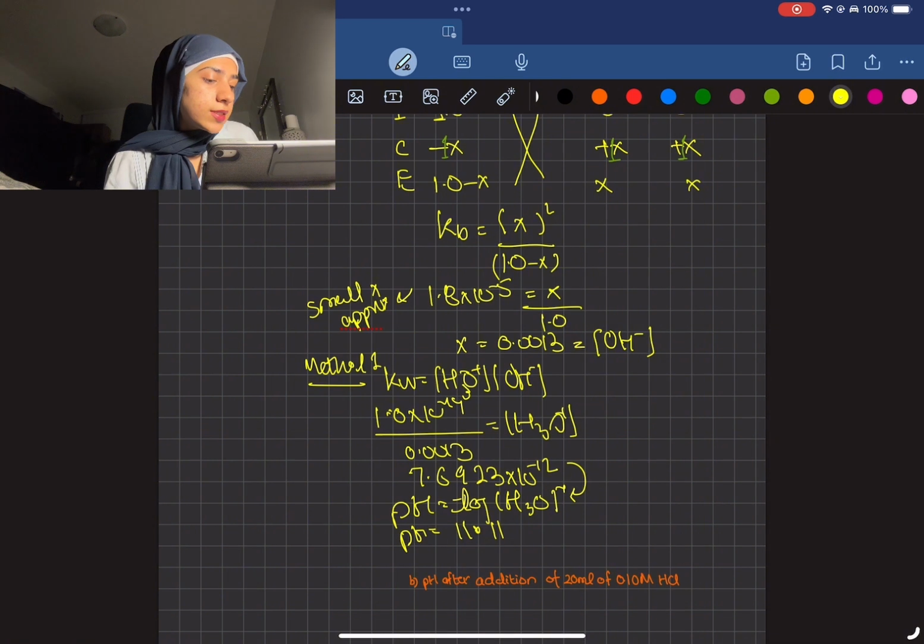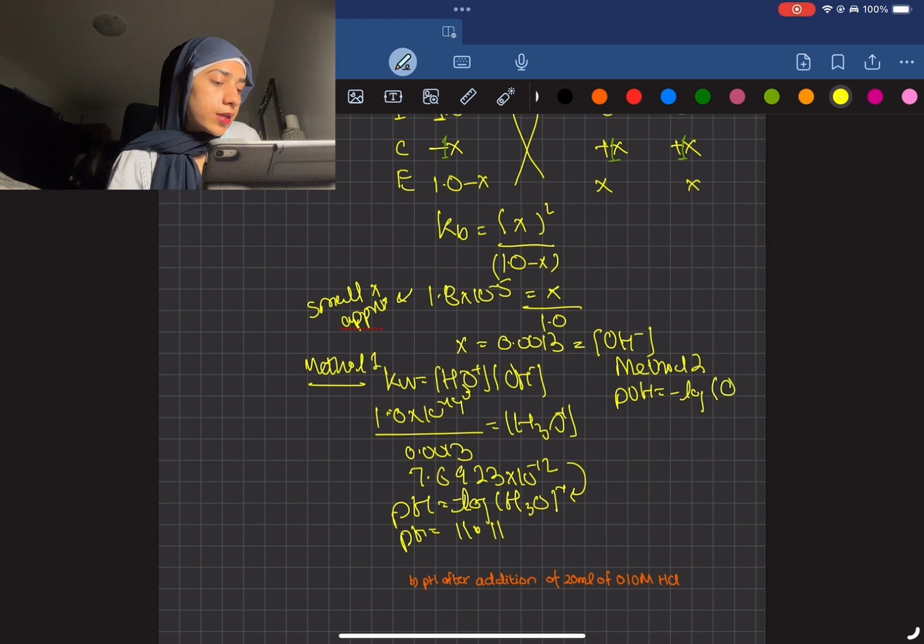Either you could do this or you could do method 2, which is: you have the concentration of OH negative, so rather than finding the pH, you can find pOH. The formula is similar to that of hydrogen, so negative log of 0.0013 gives pOH, which is 2.88.